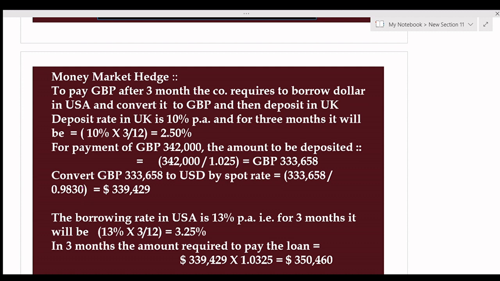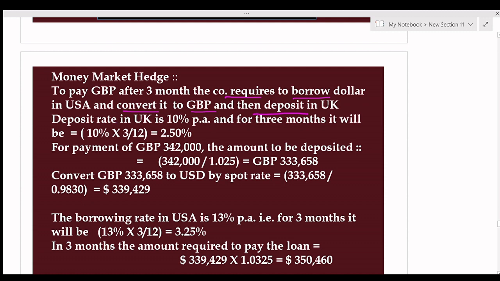First is the importer, that is the UK importer. He will pay GBP after 3 months. The company is required to borrow dollars in the USA and convert them to GBP, then deposit in the UK, the exporter's country.